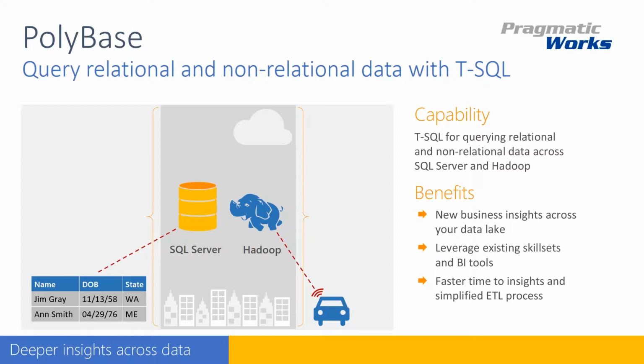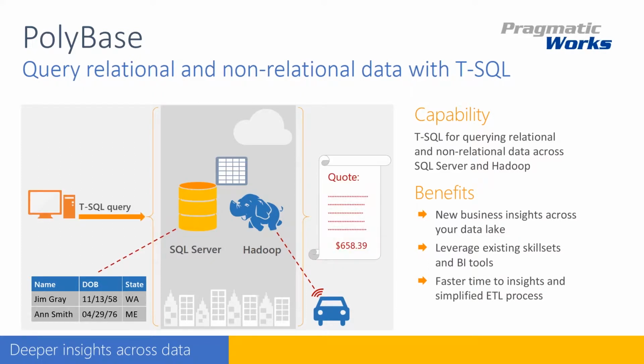They'll put a sensor on the car, and then they use that data to adjust your rate. So if you're a good driver, your rate drops. If you're a bad driver and you're always speeding, your rate goes up. So what you can do with Hadoop and SQL Server and Polybase is tie the two together. You can get real-time information and real-time quotes by joining Jim Gray or Ann Smith to their IoT data that's out there in Hadoop.